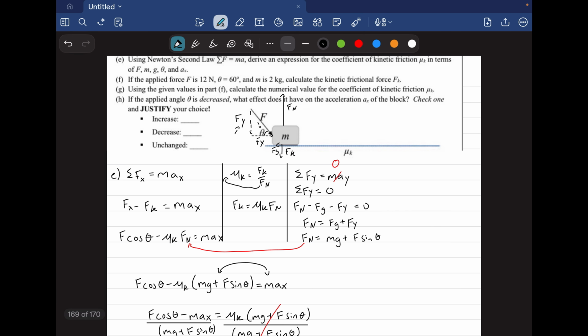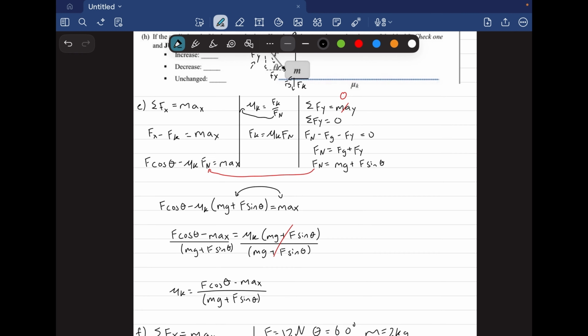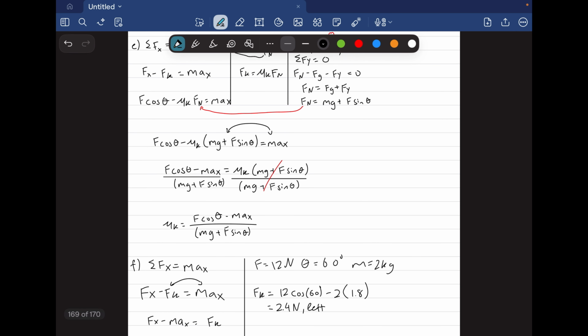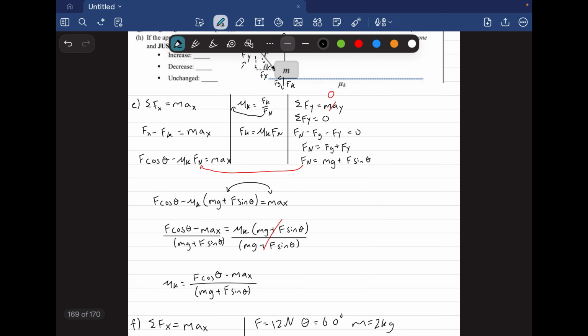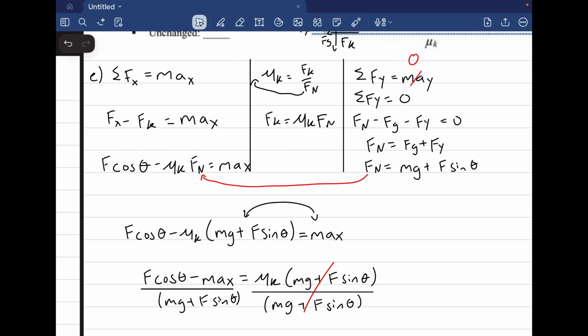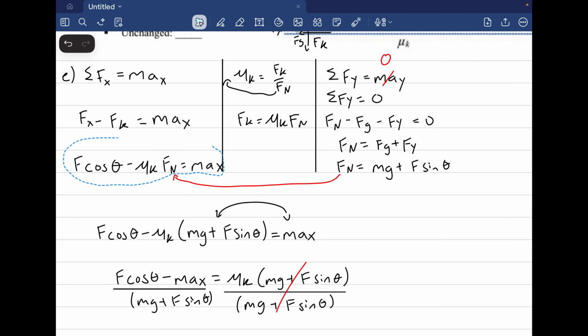And then for part H, it wants us to justify what decreasing the angle will do to your acceleration, right? So let me copy this equation for a_x. I'll just move it so it's faster.